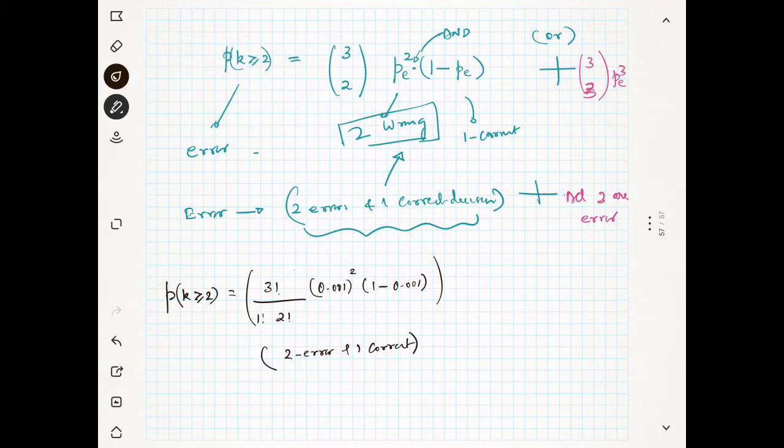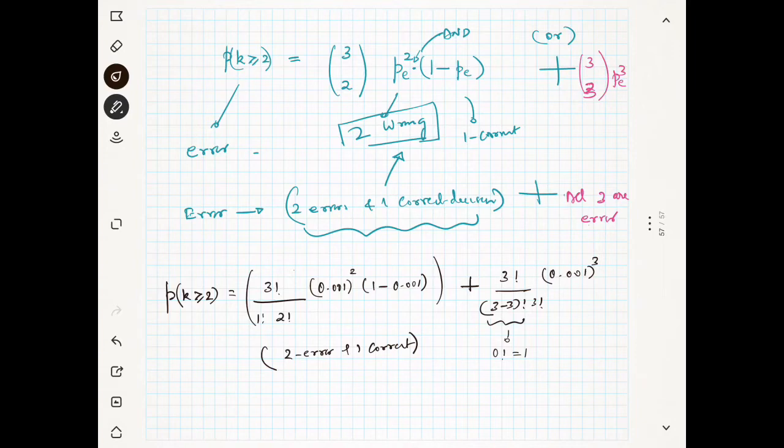Then plus 3 choose 3, which is 3 factorial by (3 minus 3) factorial into 3 factorial. 3 minus 3 is 0, and don't forget 0 factorial is equal to 1, into 0.001 the whole power 3. So this is the final answer.